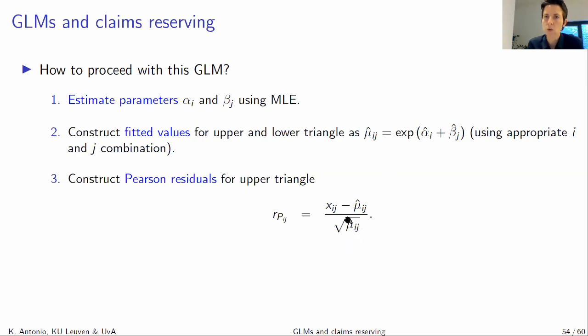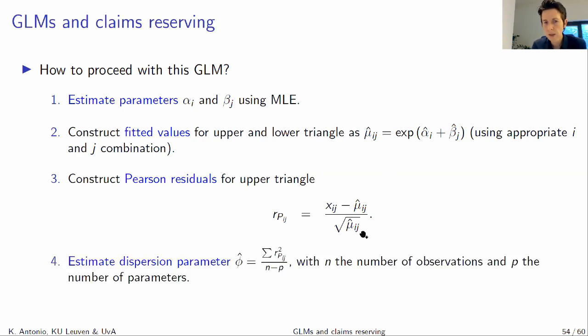So in this case, with the over-dispersed Poisson, that would be the square root of the mu hat. So these are my residuals that I can work with. And using these residuals, I can now estimate the dispersion parameter by taking the sum of the squared Pearson residuals, dividing by the degrees of freedom. And the degrees of freedom here is the number of observations minus the number of parameters that I'm estimating.